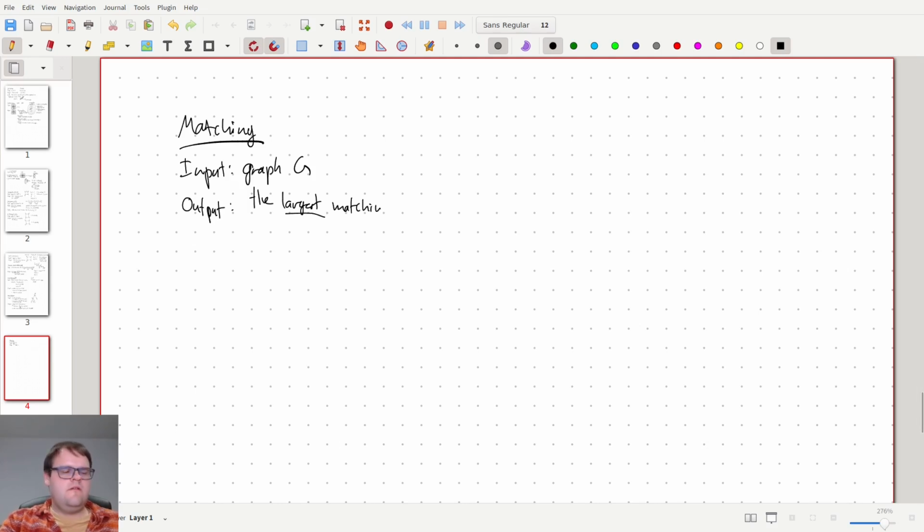What's a matching? A matching M is a set of edges that are non-adjacent.